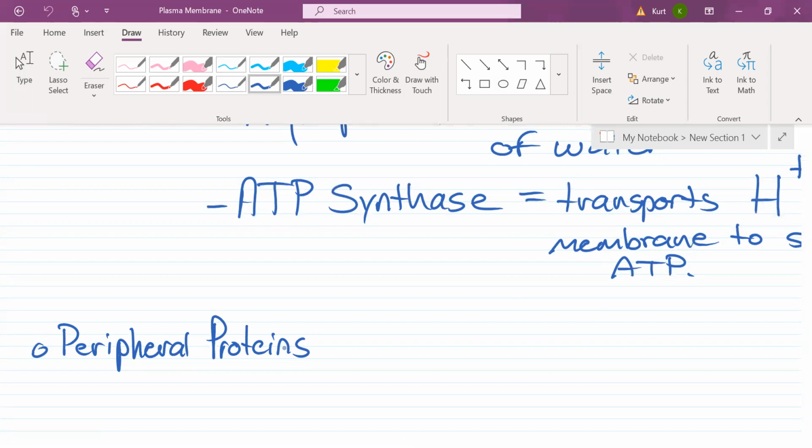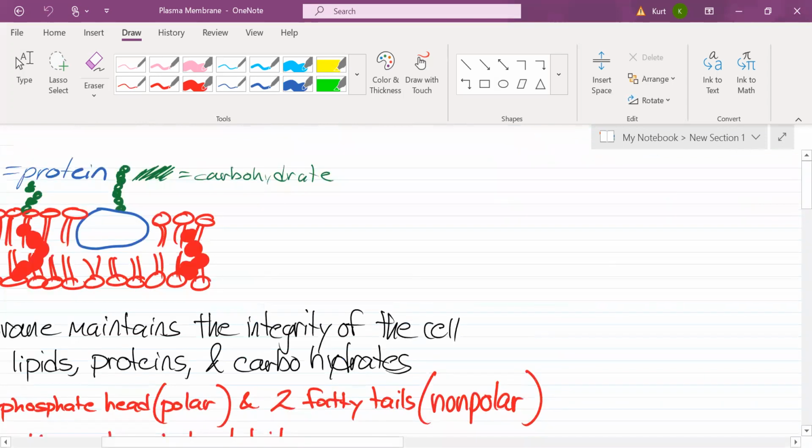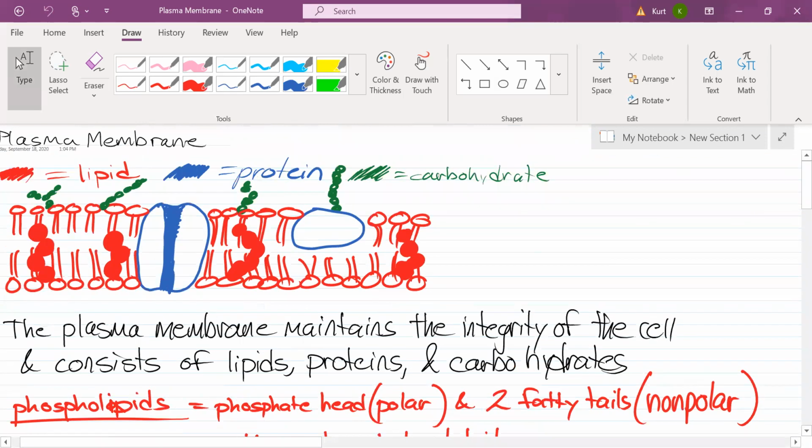Peripheral means your sides. Well, peripheral proteins are on the side. They don't go through the membrane. They're embedded in the membrane, but they don't go through it. So they're just on one side. So if you go back to the drawing at the very top, this guy here is a peripheral protein. Notice that it's on the side of the membrane, not going all the way through it.